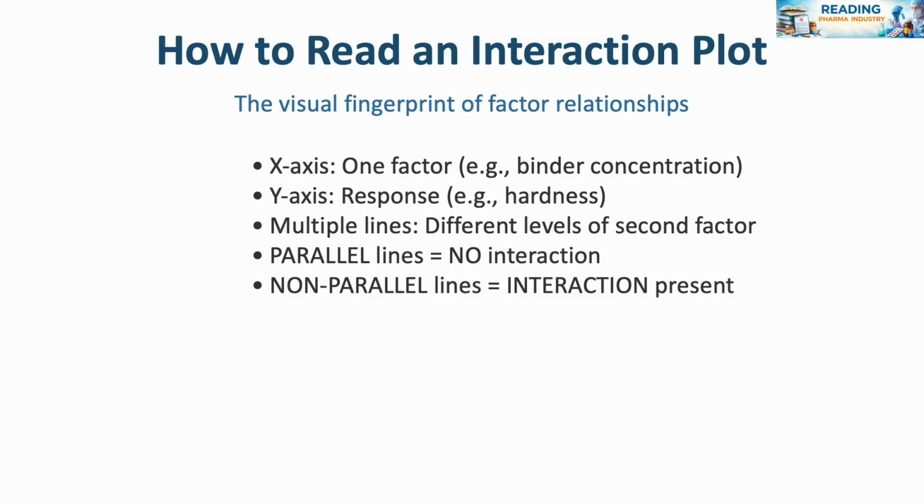You have multiple lines for different levels of the second factor. I suggest you look at the examples we gave earlier. If they are parallel, there is no interaction, as we mentioned. The effect is similar, with no impact of one on the other. Once they become non-parallel, there is some interaction going on.